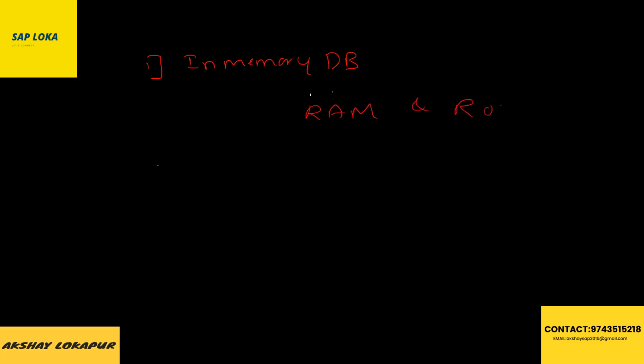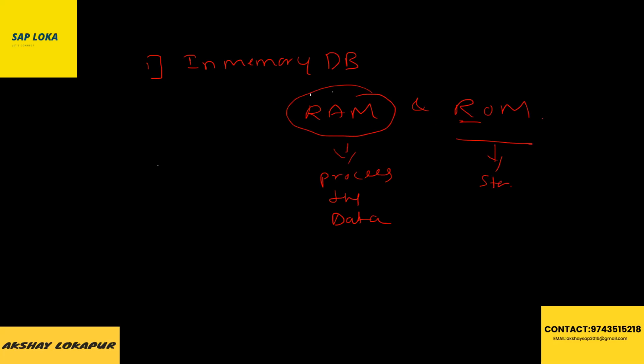In any computer we have random access memory and ROM. RAM means whatever data is there, it processes the data. And in ROM, the data gets stored. Earlier, it used to happen like this.